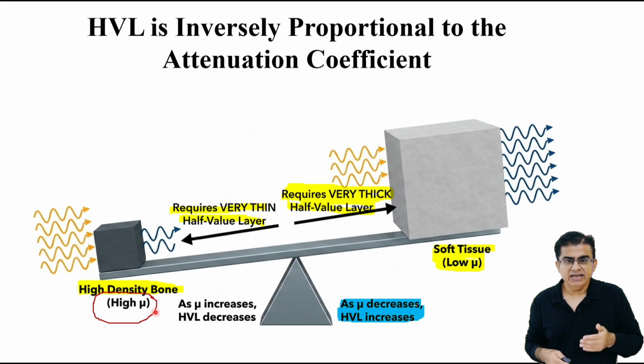It possesses an enormous stopping power against our radiation beam. Because its stopping power is so strong, its half-value layer is extremely thin. You will only need a few centimeters, 5 to 7 centimeters, of this heavy metal to successfully block the treatment beam and safely protect the surrounding healthy organs.